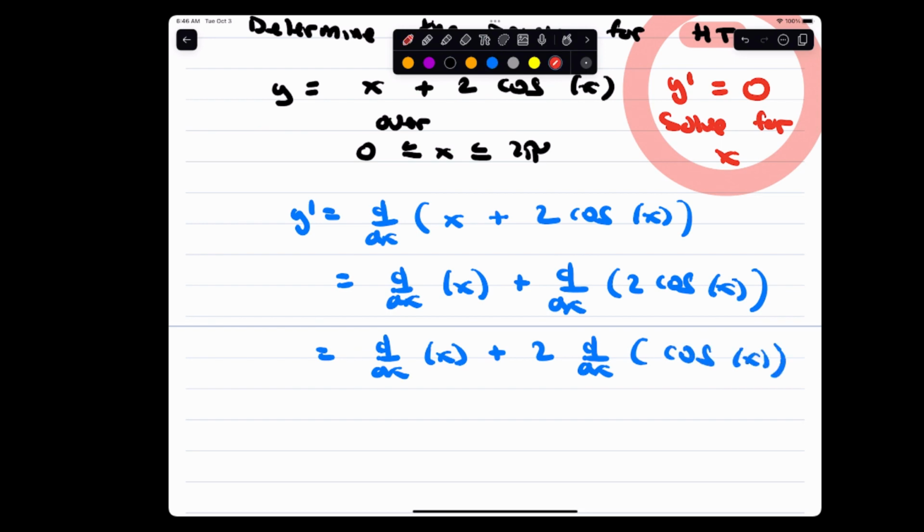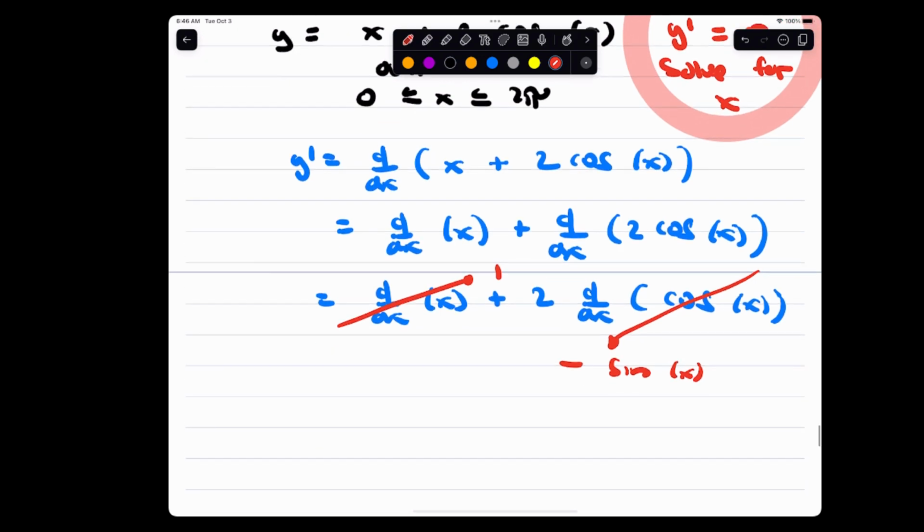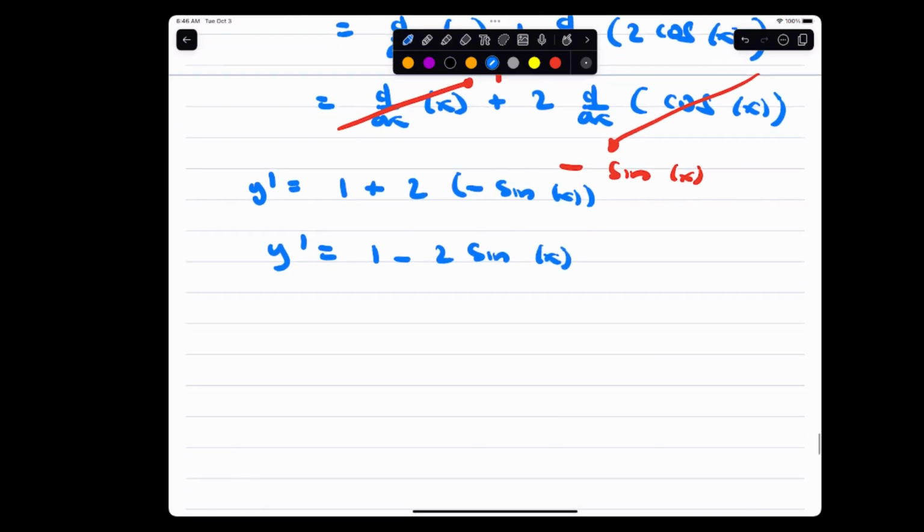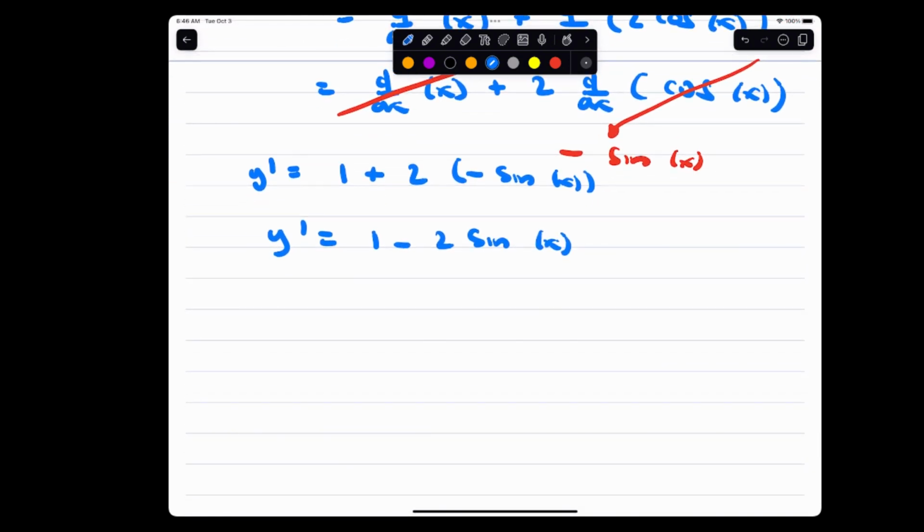So what's the derivative of x? What's the derivative of cosine? Minus sine. So y prime becomes 1 plus 2 times minus sine, so we get 1 minus 2 sine x. You guys okay with this? Good.